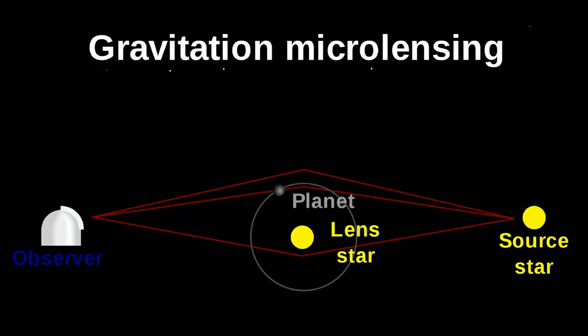Obviously, stars are much more massive than planets, so they will distort the space-time the most, but planets also have masses, and so that little distortion in space-time by the planet is something that we can detect. So these microlensing events can manifest in a couple of different ways.